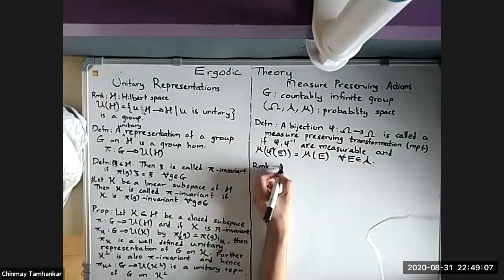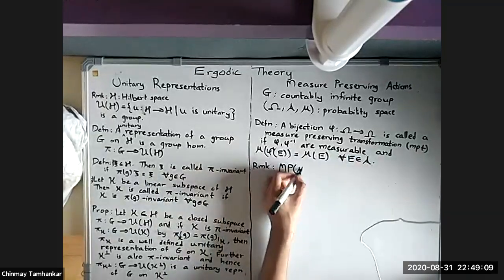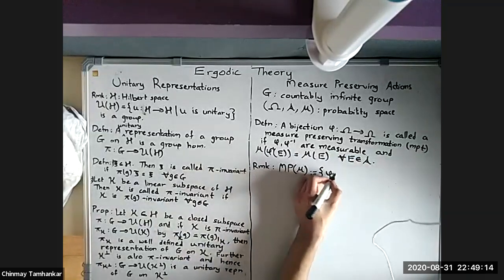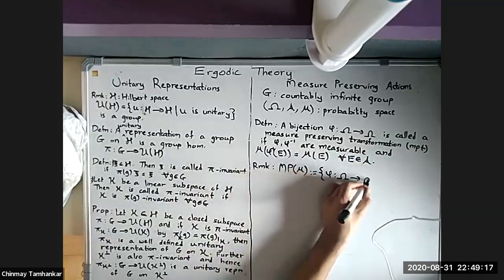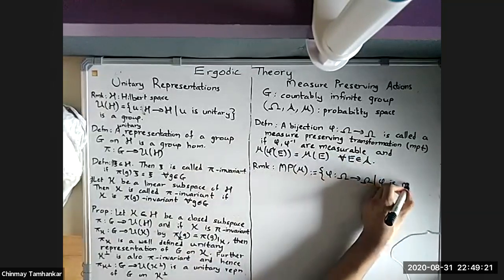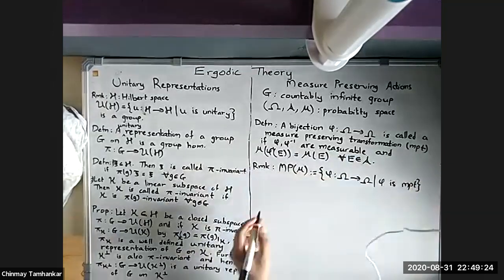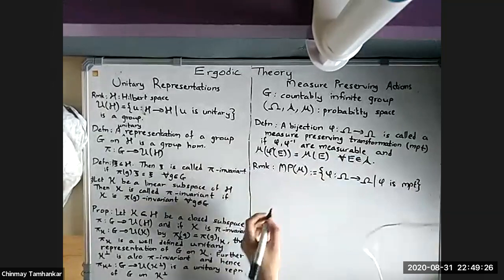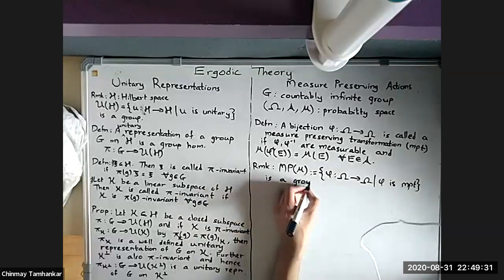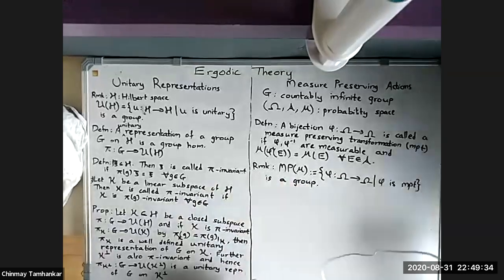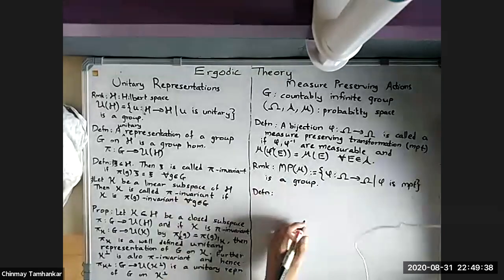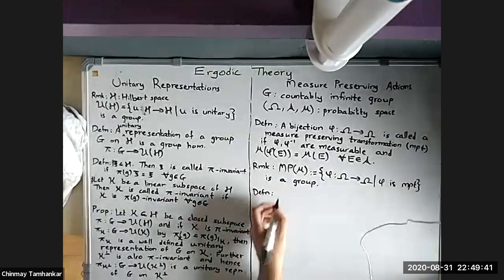If we have the collection of all measure preserving transformations, then this forms a group. Then we define what is a measure preserving action of a group on a measure space.